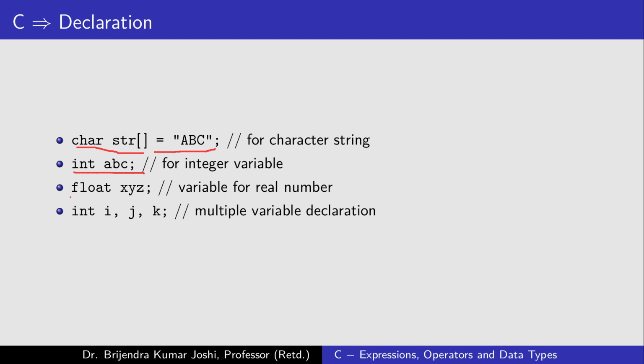Float XYZ, semicolon. So here XYZ is a variable for real number. You can declare more than one variable of same type by making use of a comma as delimiter. So int i, j, k declares three variables of type integer.